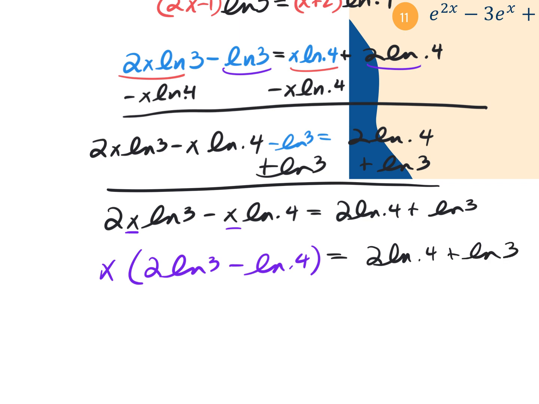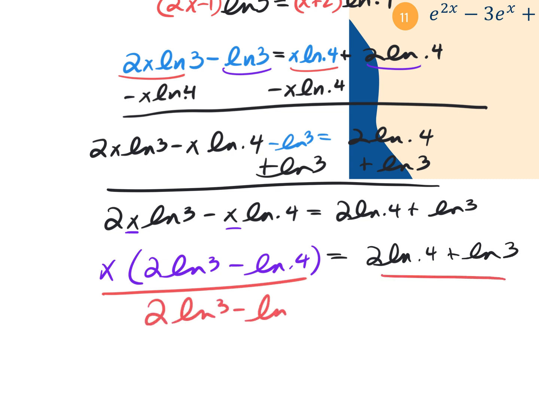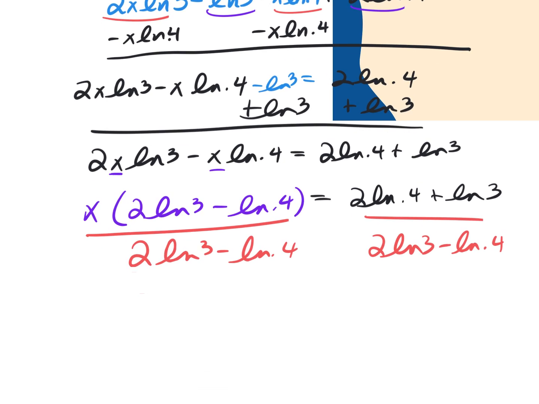And now all you're going to do is divide both sides by 2 ln 3 minus ln 0.4. So this will be calculator now. So this would cancel, and now you'll be left with x is equal to, rounded to 4 decimal places.